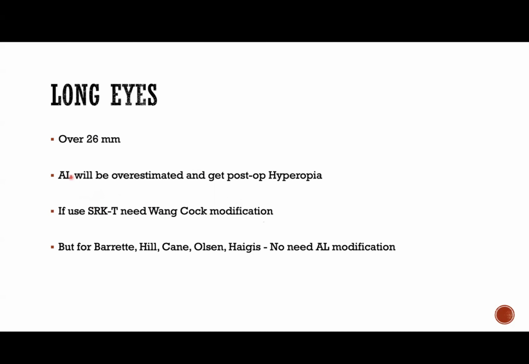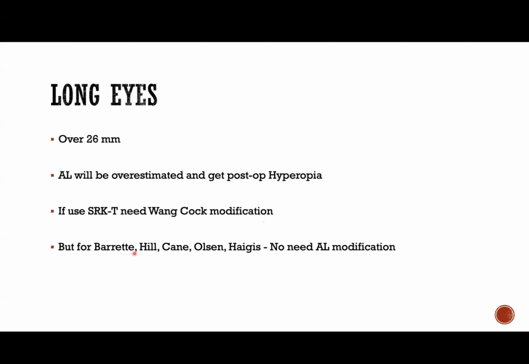You cannot use the normal axial length you get from the IOL Master to get the reading from SRK/T. You are going to have post-op hyperopia. To overcome that, this Wang-Koch modification has to be applied for axial length modification. But it's a great relief for us now. The modern formulas, especially the Barrett formula, we don't have to modify the axial length using this other modification.